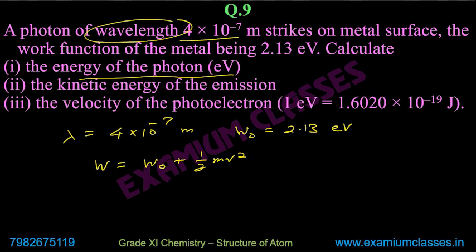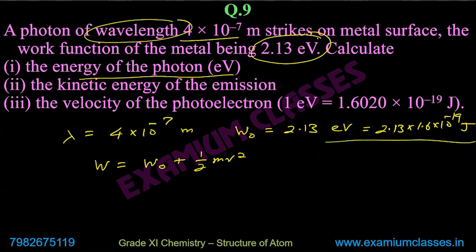If you need to convert it into joules, you need to multiply it by 1.6 into 10 power minus 19 joules. Work function is given in electron volt, so you have to convert it into joules. Otherwise, you will not be able to use it with SI units. Okay, so first convert it to joules and then we will use it.